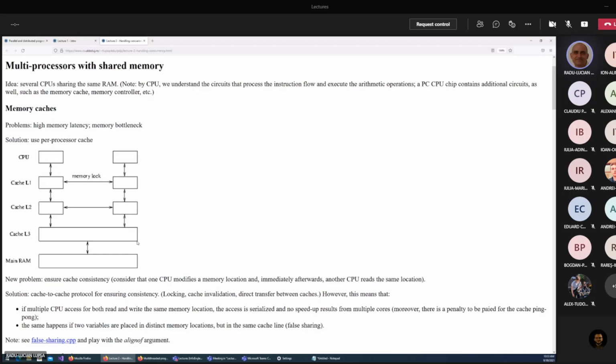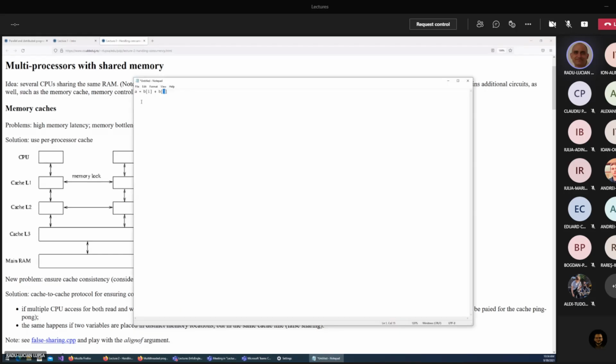So let's go back to this example. The variable I, for instance, and J can be kept in registers or maybe in this cache memory, this smaller memory. B, if it is a small vector that is used a lot, again can sit in the cache.